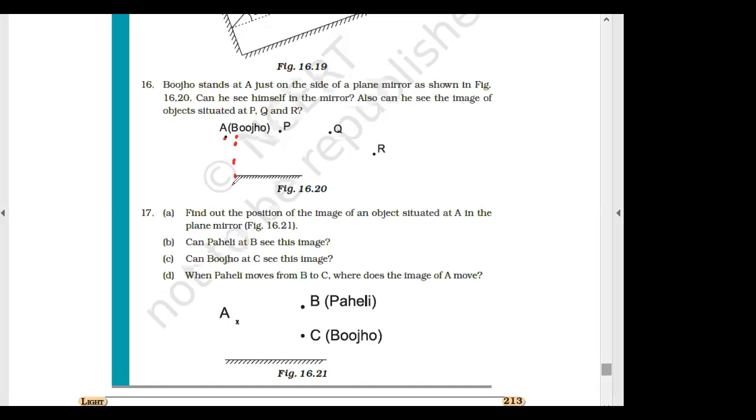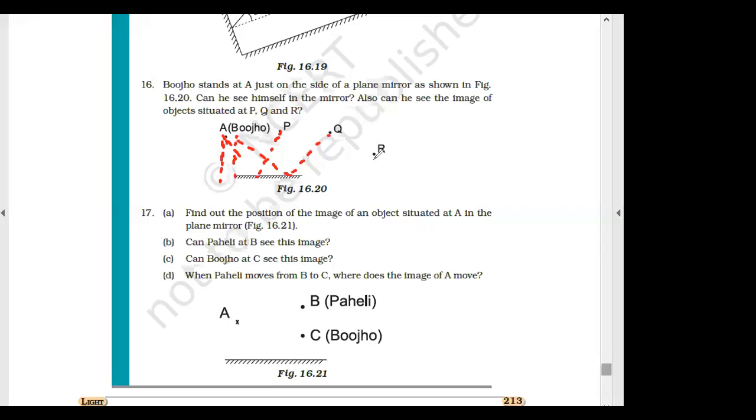Can he see himself? No, because in order to see himself, the light should go like this and come back like this. So the answer is no. But can he see P? Yes, because here it will go like this and come like this. So he can see P, he can see Q also.